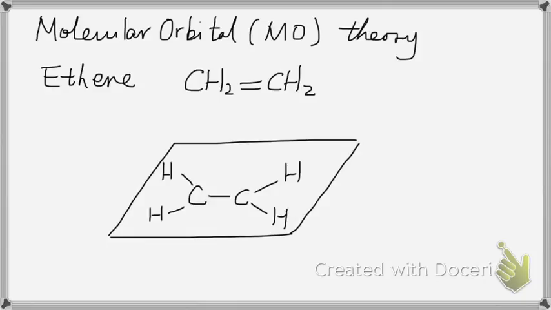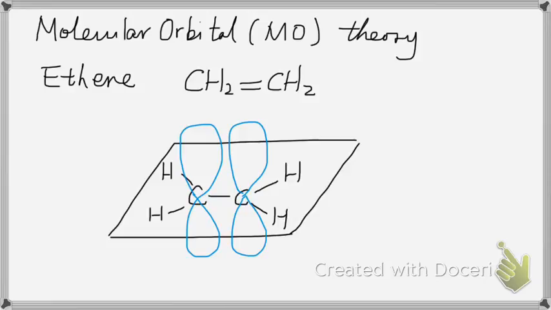And when sp2 hybridized orbitals are formed, they use one s orbital and 2 p orbitals. There will still be one p orbital left for the carbon, and that p orbital will be perpendicular to the plane.